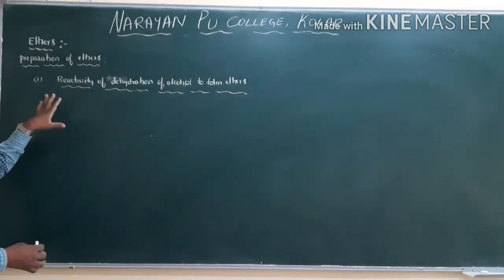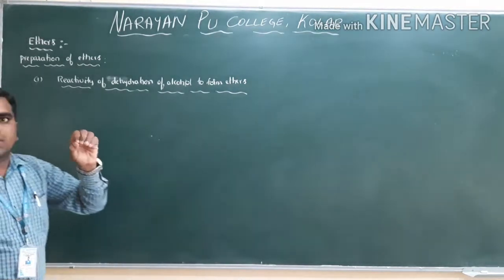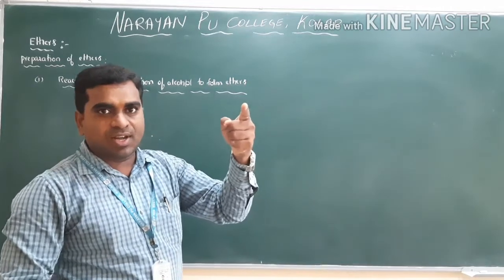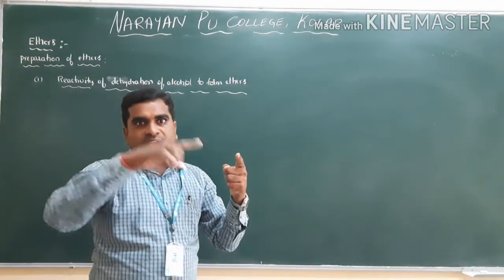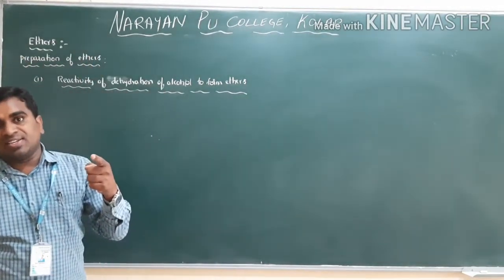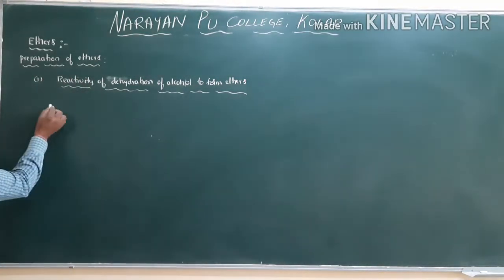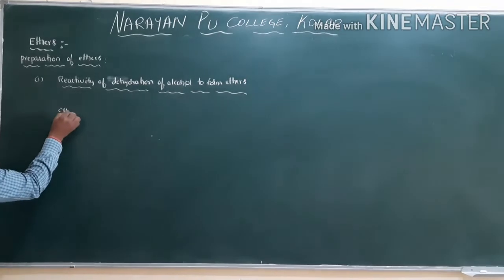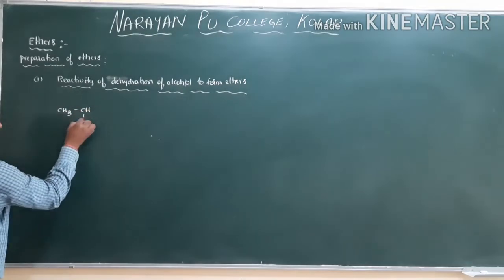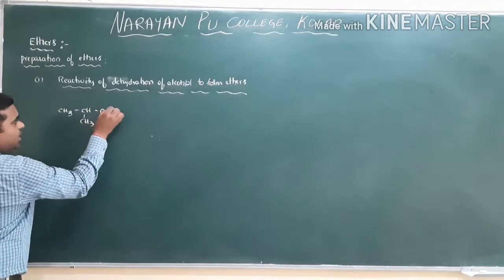Also we have to maintain low temperature. If you maintain high temperature, you already know with dehydration at high temperature, you will get alkenes as a product. So in this case, what happened? And if you take secondary alcohol, suppose I will take secondary alcohol CH3CHOHCH3.